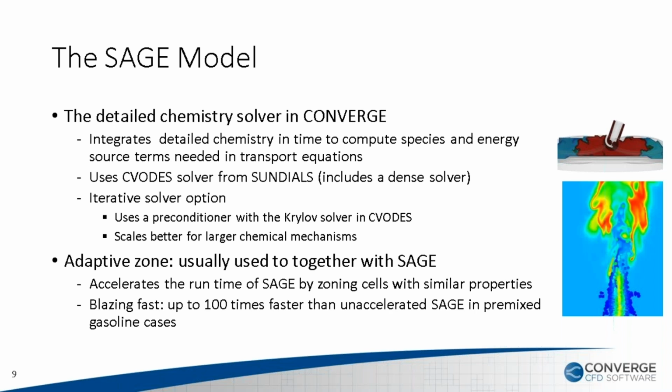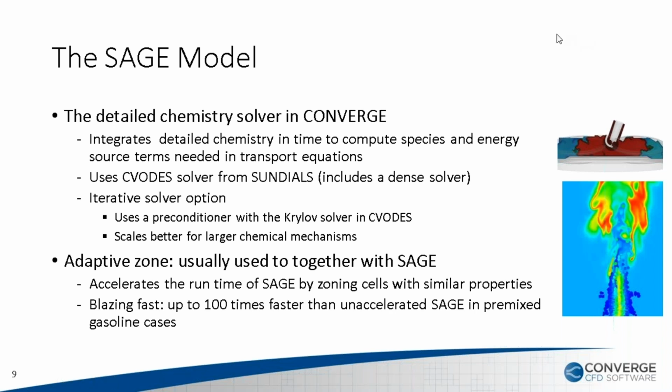We use the CVODE solver from SUNDIALS to integrate the chemistry in time. The default option is to use a dense solver that comes included in CVODE. We also have an alternative solver option that uses a preconditioner with a Krylov subspace solver, also available in CVODE. It scales better for larger mechanisms that have more than 100 species.